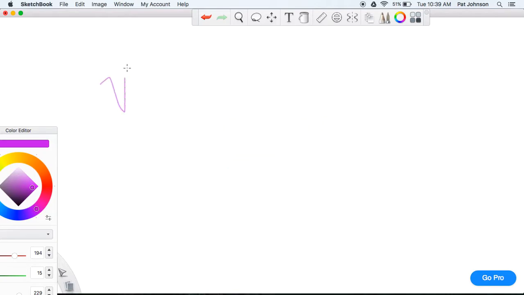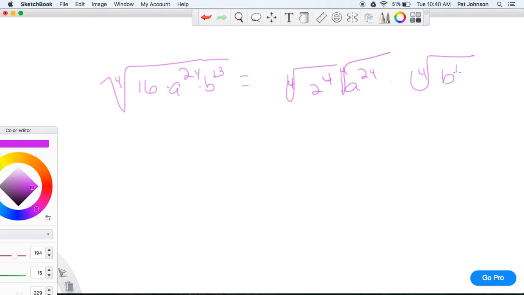All right, let's look at another one. If I wanted to do the 4th root of 16 times a to the 24th times b to the 13th, we're just working backwards from the product rule. So we're saying the index is 4, so we have 2 to the 4th times a to the 24th, and we can separate all these, if it's easier, into the 4th root of that times the 4th root of that.